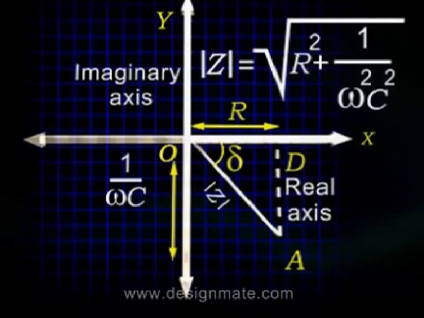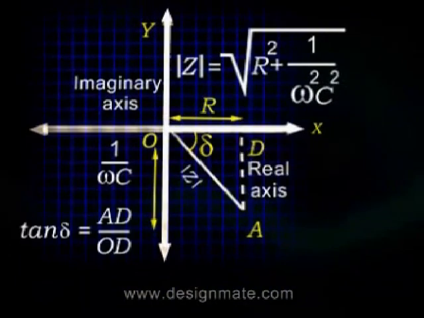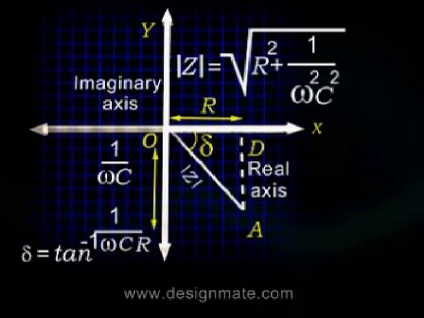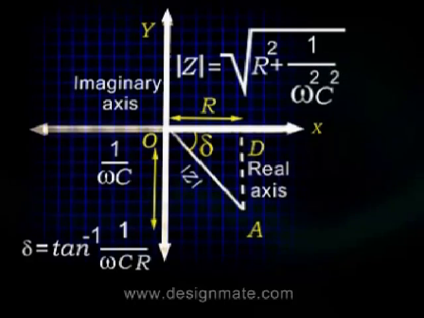Note that delta is negative in this case and is given by delta is equal to tan inverse of 1 upon omega C R.